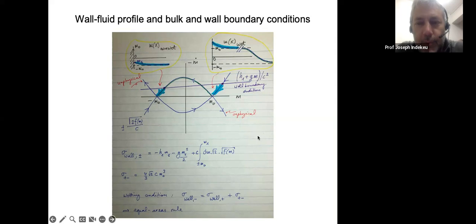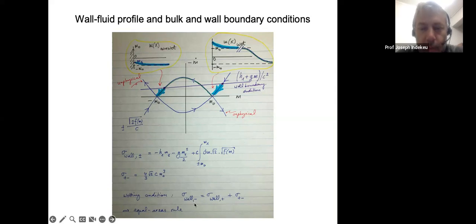And also this discontinuity is reflected in the first derivative of the surface free energy as a function of, for example, the surface field, or as a function of, for example, temperature. So here below, we have the expressions for the wall plus and for the wall minus surface free energy, and also for the plus-minus interfacial tension.